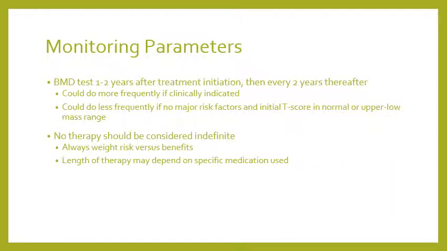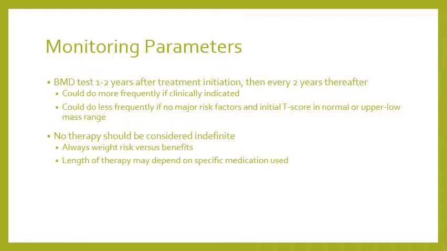Whenever patients are on any sort of therapy for osteoporosis, it's important to maintain ongoing monitoring of these patients. They'll need a bone mineral density test every 1 to 2 years after treatment is initiated, then every 2 years thereafter. You can do it more frequently if clinically indicated, and you could potentially do it less frequently if they don't have any major risk factors and their initial T-score was within normal or upper low mass range.